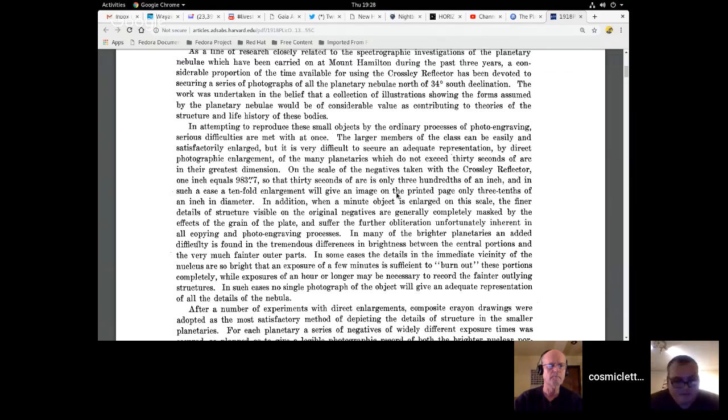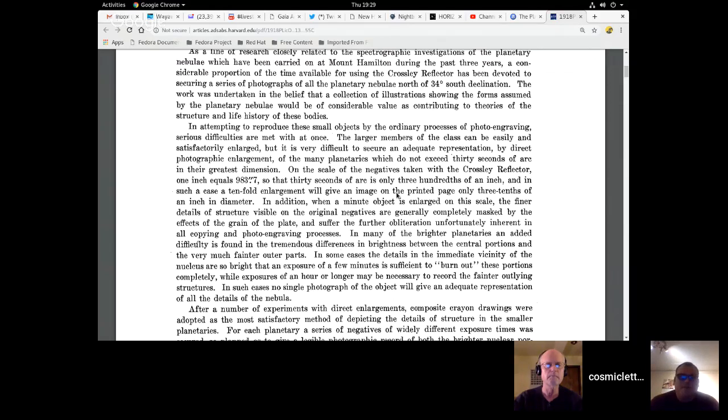Actually, still to this day, you can get better resolution with a photographic plate than you can with a CCD, because the small CCD pixels are like 6 microns, but they're really noisy, right? So most CCDs these days, as far as I know, are like 9 microns or 13 microns or bigger.